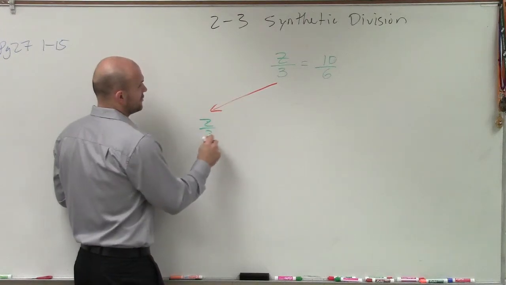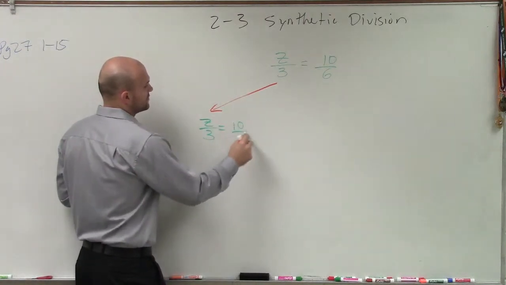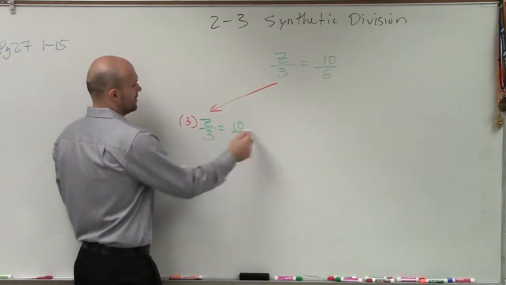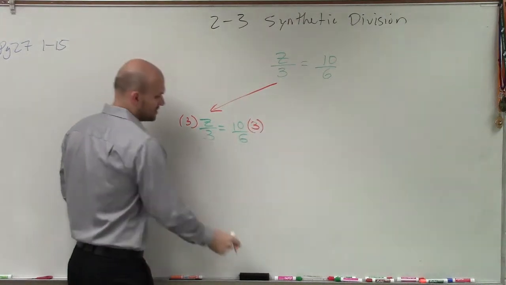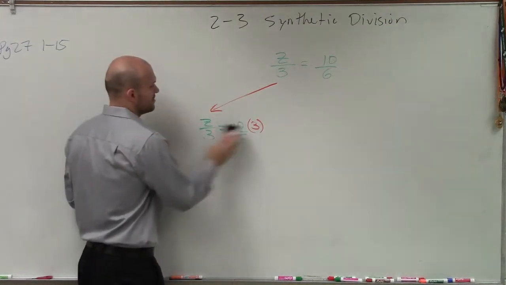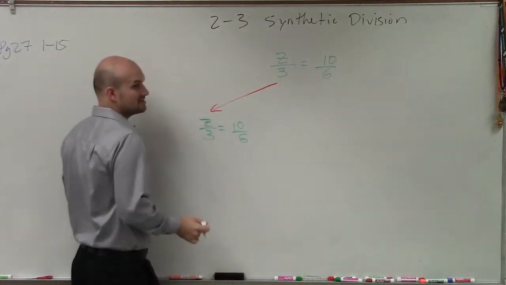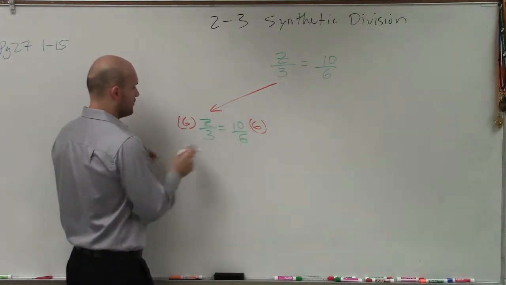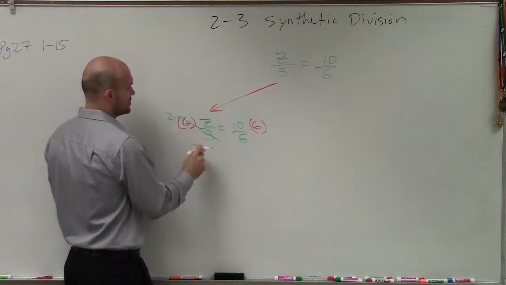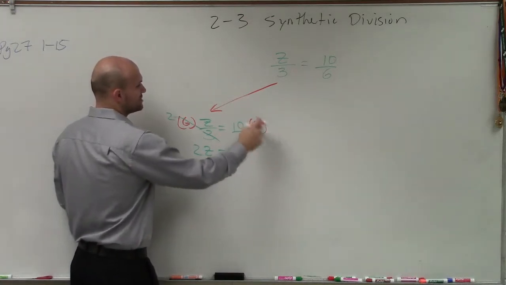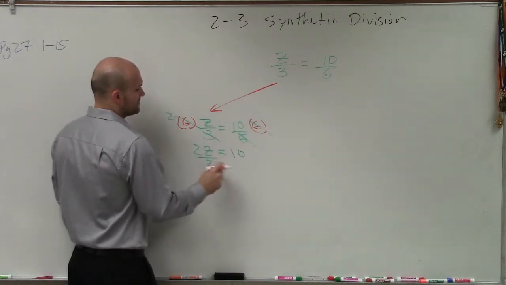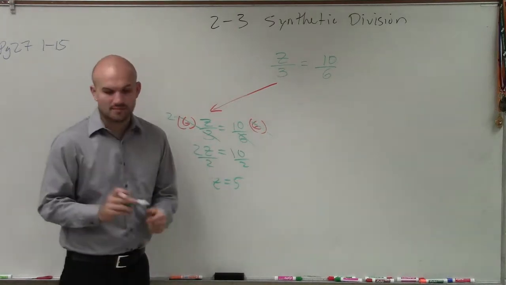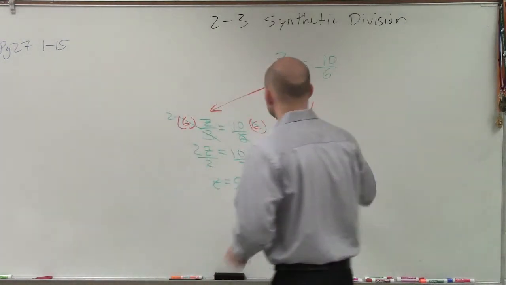If I have z over 3 equals 10 over 6, let's multiply by the least common denominator to get rid of all of my fractions. Therefore, that goes to 2, so I'm left with 2z equals 10. Then divide by 2. z equals 5. That's method number 1.